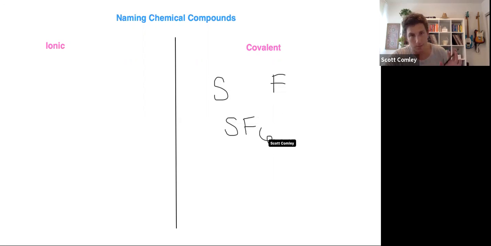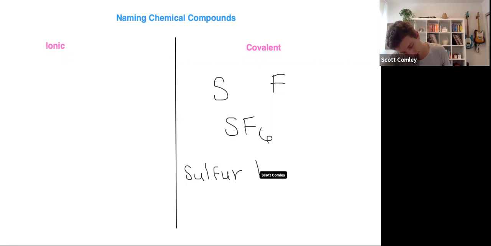Again, this is not plus and minus, no ions here. They're sharing electrons. So, first word, sulfur. Second word, there's 6 fluorines. Remember a 6-sided shape? Of course. Hexagon. So sulfur hexafluoride.